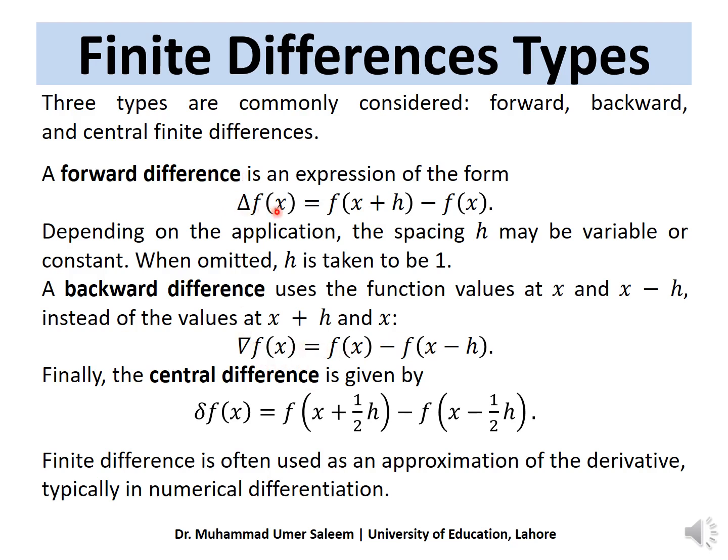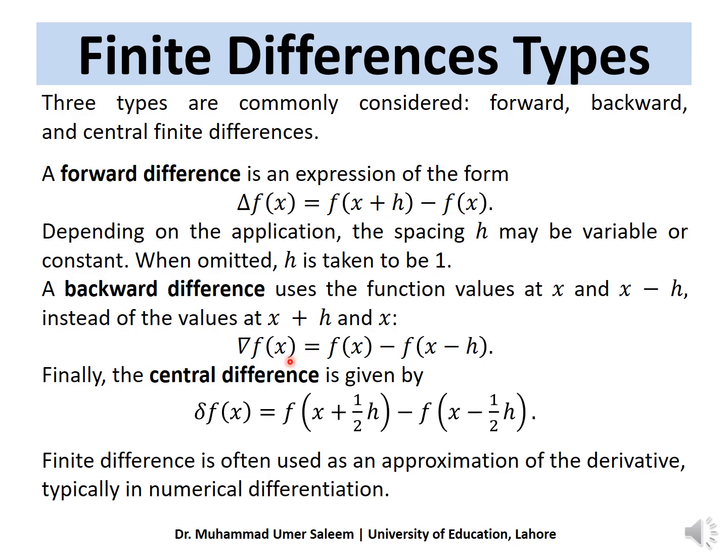तो अगर आप यहाँ गौर करें कि अगर हम डेल एफ ऑफ एक्स माइनस एच लें, यहाँ पर एक्स माइनस एच लें, तो फिर हमारे पास क्या बनेगा, एफ ऑफ एक्स माइनस एफ ऑफ एक्स माइनस एच. तो वो डेल ऑफ एफ ऑफ एक्स माइनस एच वही बनेगा जो नेबुला एफ ऑफ एक्स बनेगा. सो ये इंटरलिंक्ड है, लेकिन फॉरवर्ड डिफरेंस जिस टर्म का लिया जाता है उसकी अगली में से उसको माइनस किया जाता है.